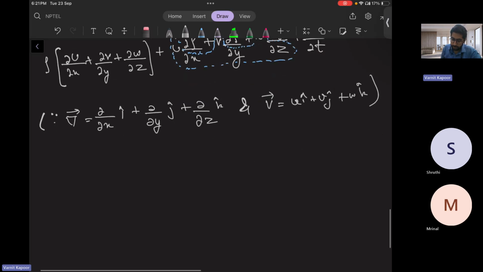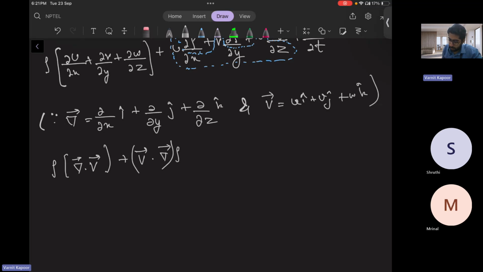So this term is written as rho times del dot V, and the other term is written as V dot del of rho, plus dou rho by dou t is equal to 0.